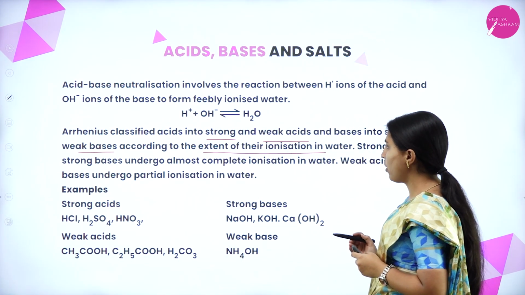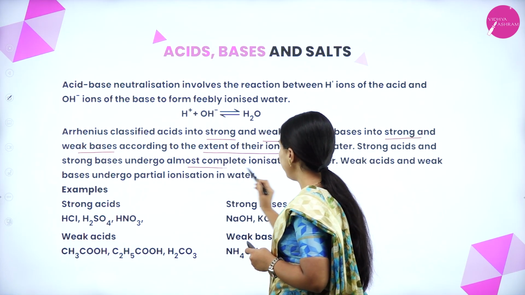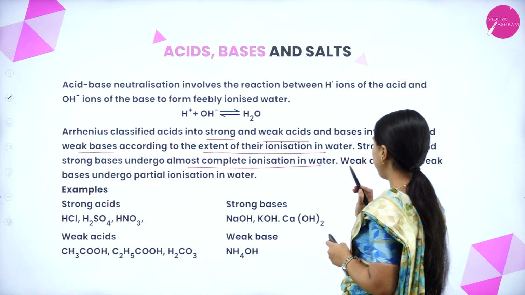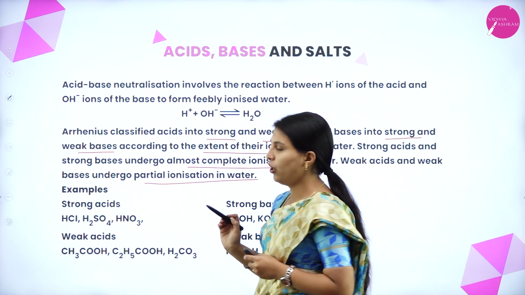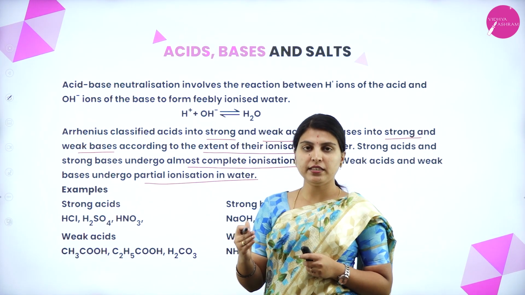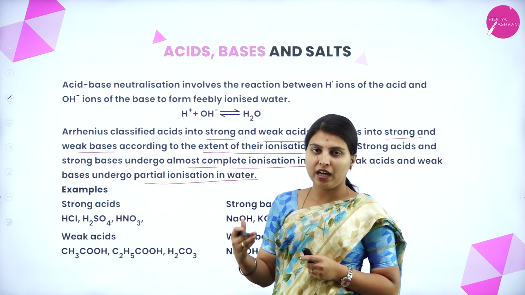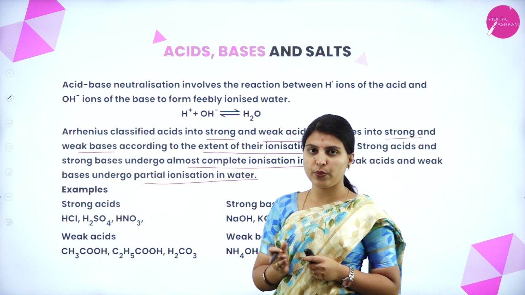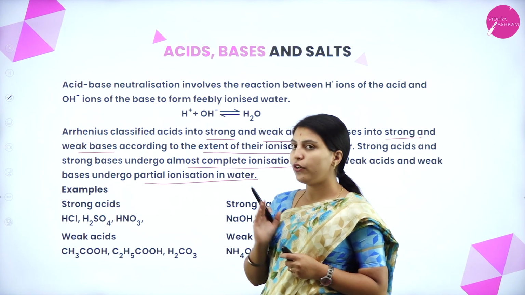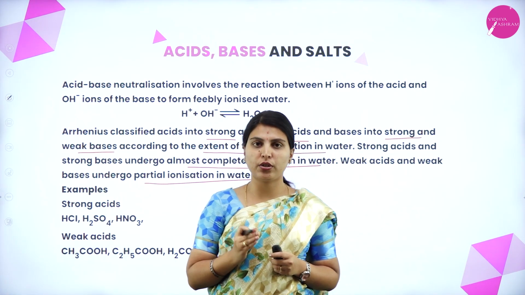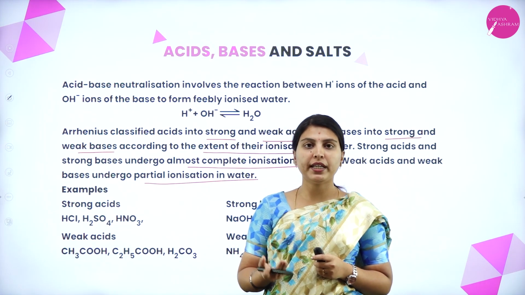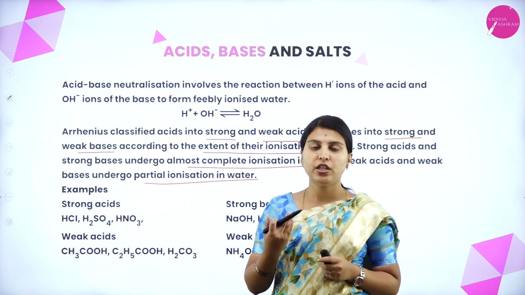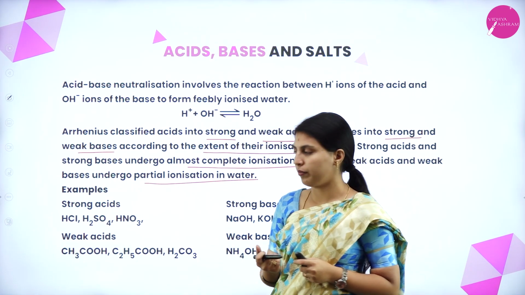Strong acids and strong bases undergo almost complete ionization in water, but weak acids and weak bases undergo partial ionization in water. Partial means half or more than half, that much ionization will take place. Those kinds of acids and bases are considered weak acids and weak bases respectively. If it undergoes complete ionization, it means strong acids or strong bases.